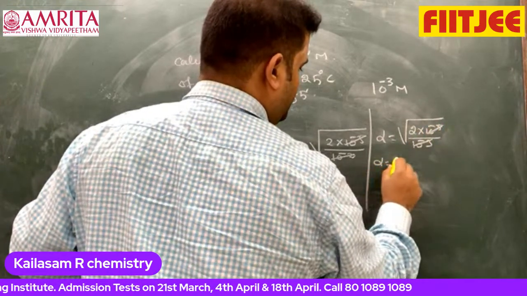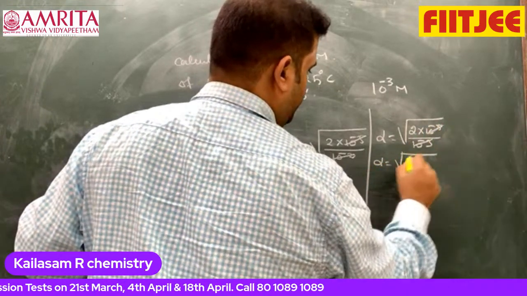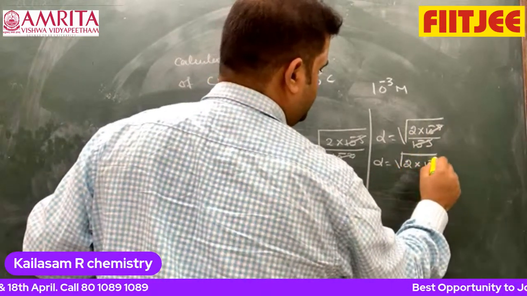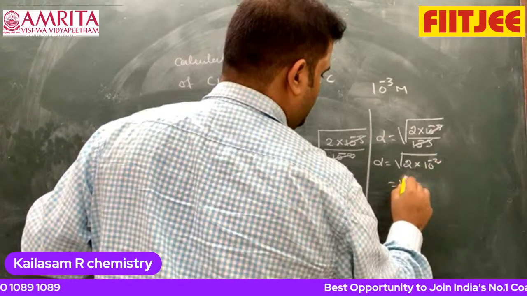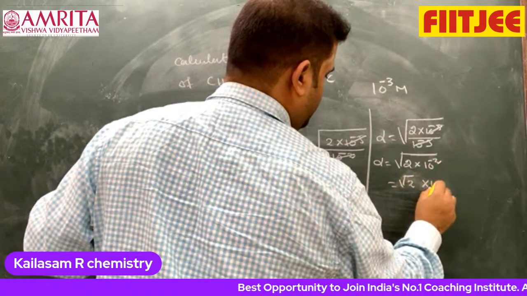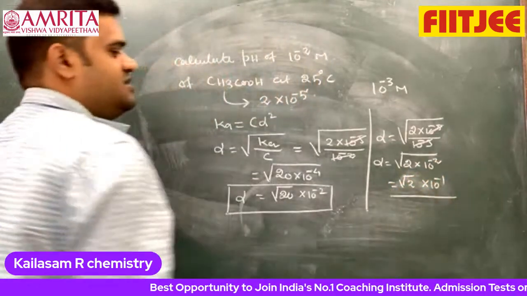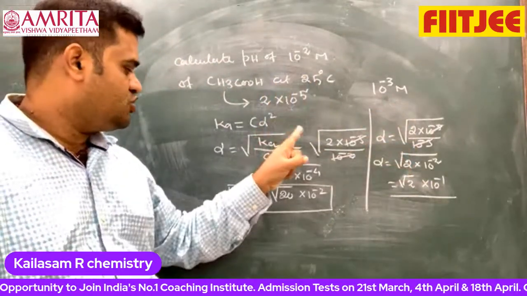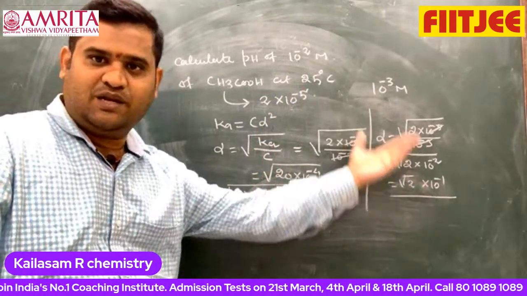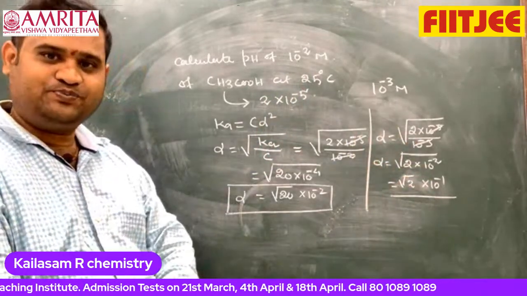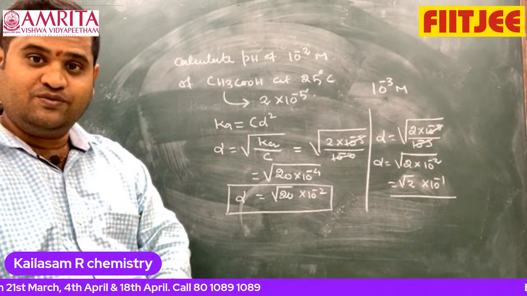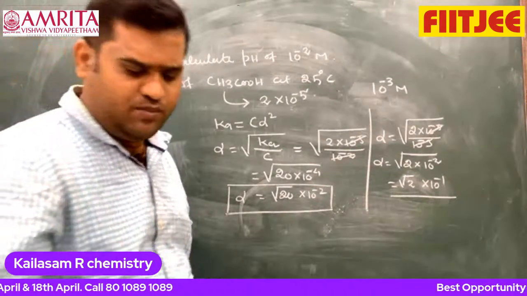Therefore, alpha is equal to root of 2 into 10 power minus 2, so root 2 into 10 power minus 1. Look at 10 power minus 3 molar and 10 power minus 2 molar: alpha increases, but Ka remains constant. This is what they will ask from an examination point of view. Right? Now come to the point.